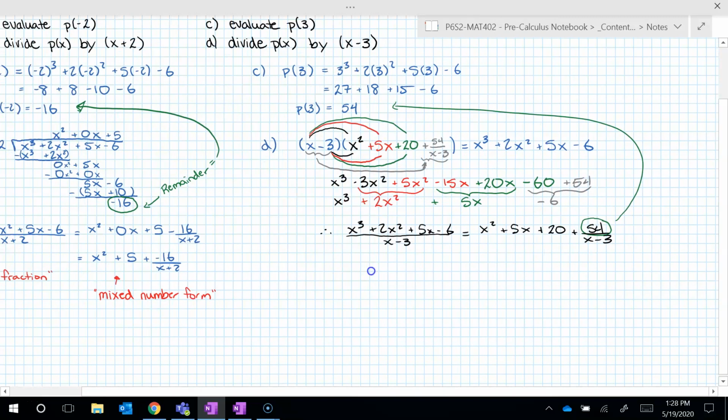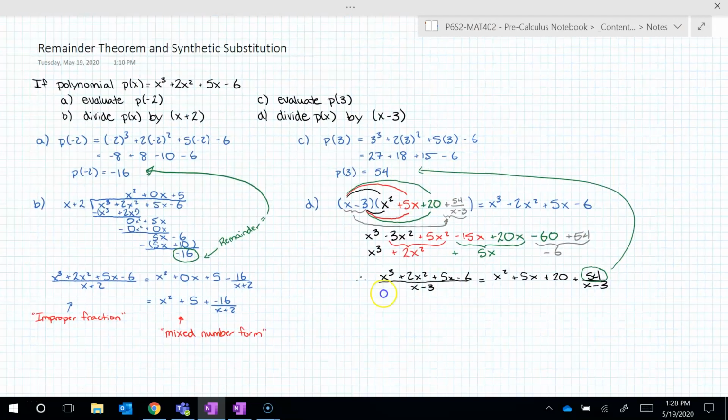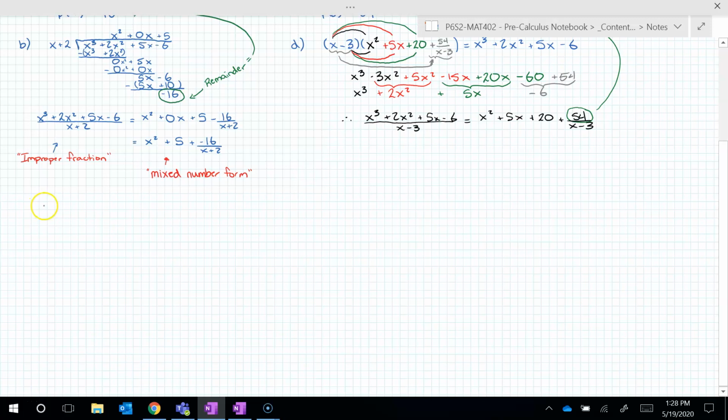This is actually a theorem in mathematics. And they call it, properly named, the remainder theorem.